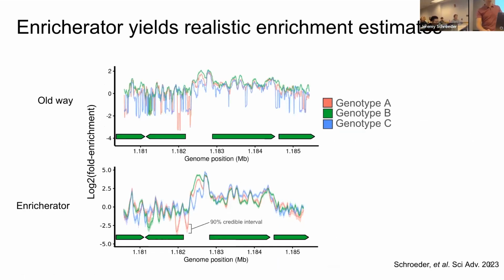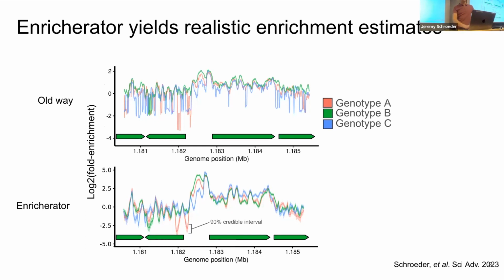All right, so I want to give you the upshot right off the bat as to how Enricherator can be useful compared to the old way of handling these data. I'm abstracting a lot away from you, but this is a real world example that actually inspired me, I'd say forced me, to write Enricherator in the first place. Let's just call it ChIP-seq data. It's not, but that's the method I think most of us are familiar with.